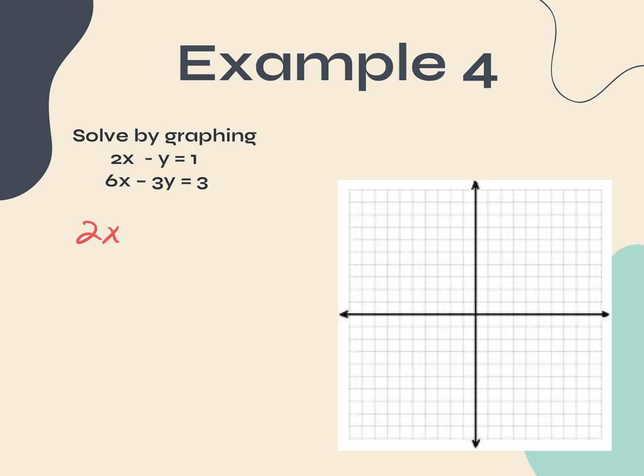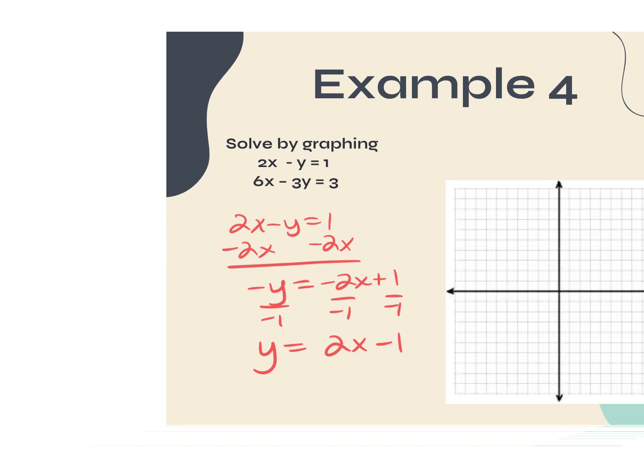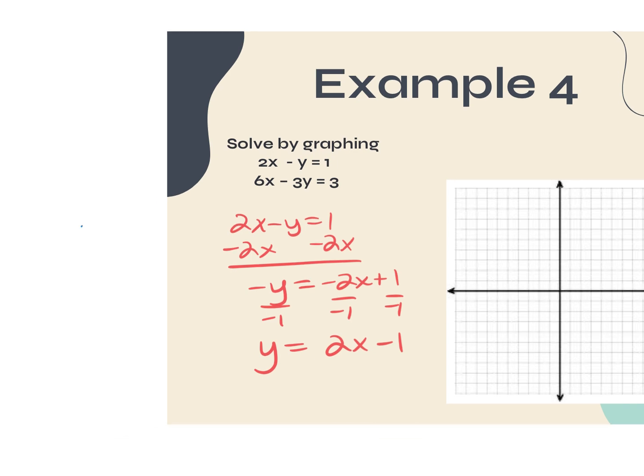So 2x minus y equals 1. I need to get y by itself, so I'm going to subtract 2x. And now I divide everything by -1 because I don't want a negative y. So y equals 2x minus 1. Let me go ahead and rearrange the second one. So my second one is 6x minus 3y equals 3.